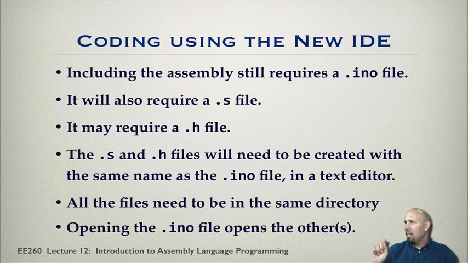Then if you close your Arduino IDE and open it again with the .ino file, it will open the other files, the .h and the .s, and then you can edit them in the editor of the Arduino IDE. All the files also need to be in the same directory.